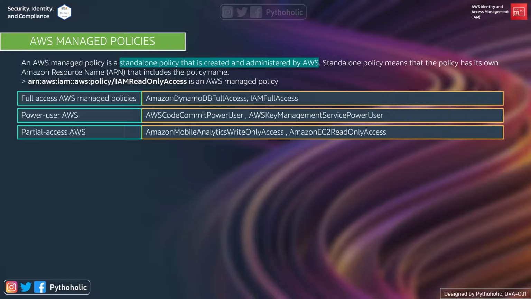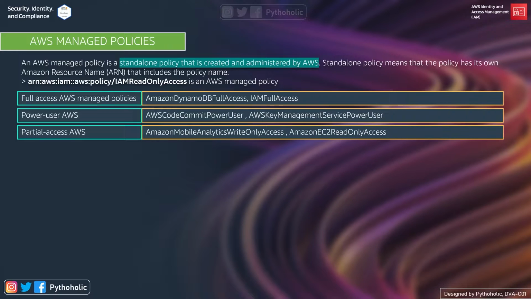Standalone policy means that the policy has its own Amazon resource name that includes the policy name itself. Like we have ARN for IAM read-only access, and this is also an AWS managed policy. And one thing that you need to remember here is that you don't need to create this policy on your own. It is already created by AWS for you.